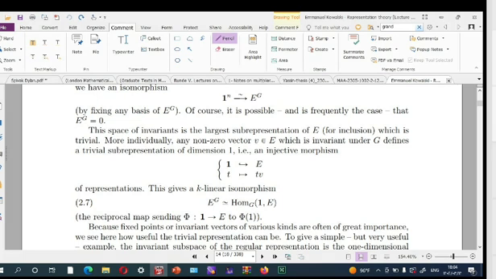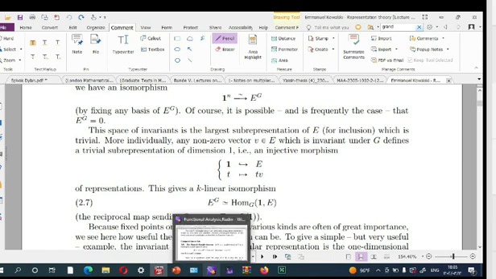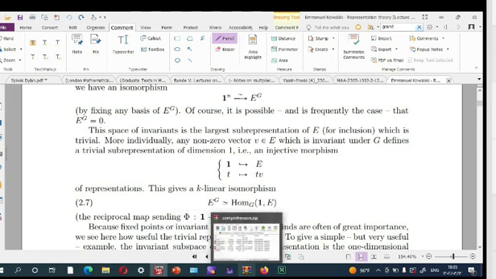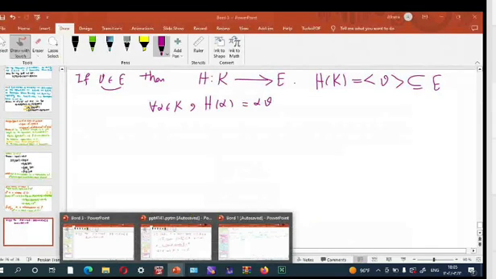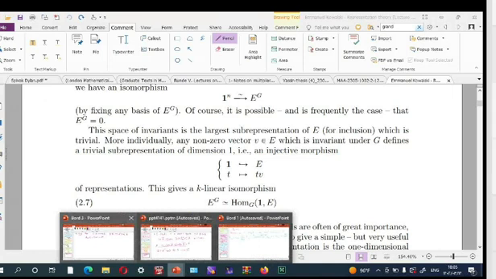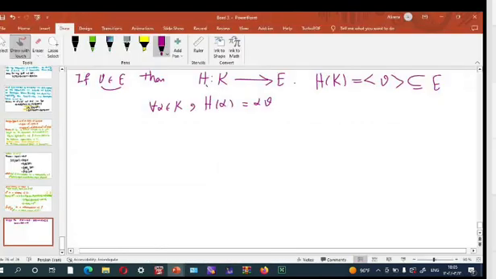And by this embedding, we can define this isomorphism, or if we denote this by, for example, h_V, okay, h_V.